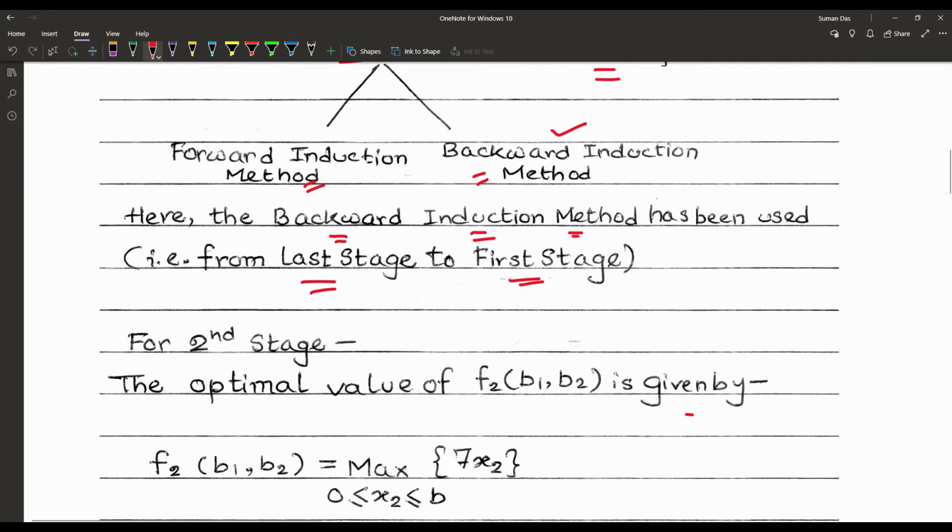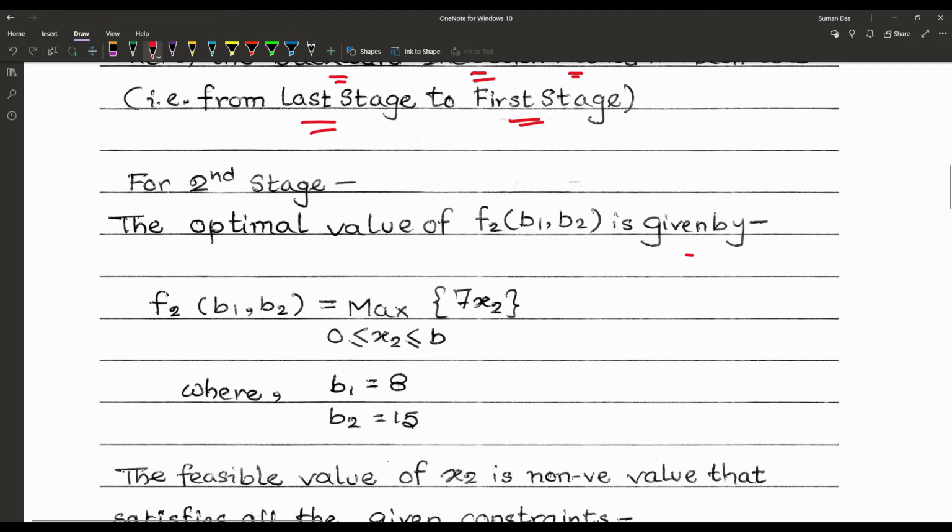Let's take the second stage. The optimal value of f2(b1, b2) is given by, where b1 and b2 are particularly the state variables. Now f2 of b1 comma b2 is equal to the maximum of 7x2 for x2 belonging to the closed interval 0 to b, where b1 is equal to 8 and b2 is equal to 15.